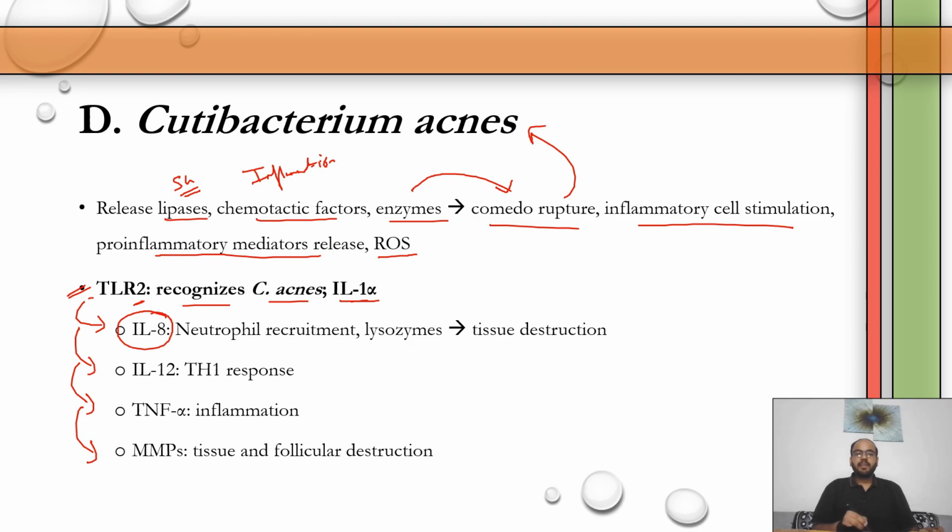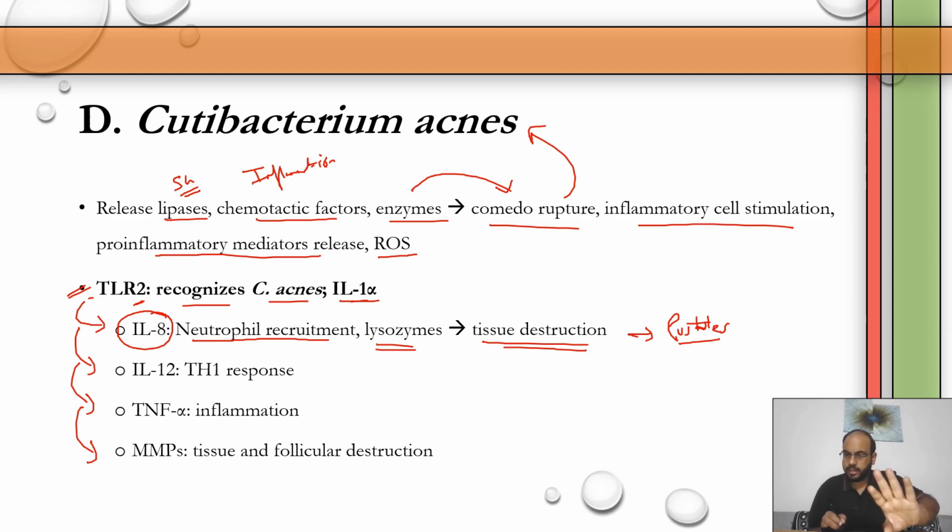Interleukin 8 is responsible for neutrophil recruitment. Remember, neutrophils come in the early stage of inflammation, and this is called by interleukin 8. It will also lead to lysozymes and will lead to tissue destruction, which will eventually lead to formation of pustules. So that is how neutrophils form pustules. Clear? We have discussed that in the previous slide, how neutrophils cause pustules.